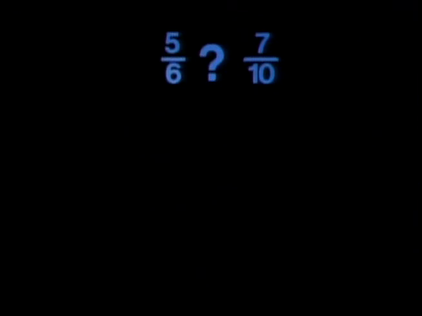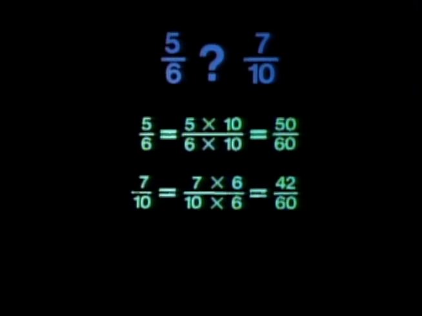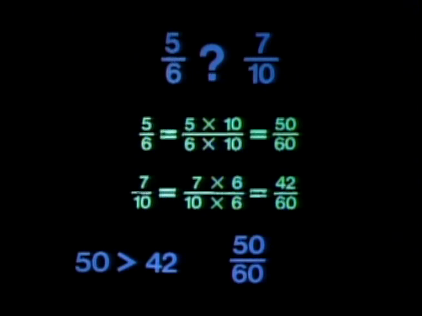We get it by multiplying 6 and 10. 5/6 equals 5 times 10 over 6 times 10, or 50 over 60. 7/10 equals 7 times 6 over 10 times 6, or 42 over 60. 50 is greater than 42, so 50 over 60 is greater than 42 over 60.